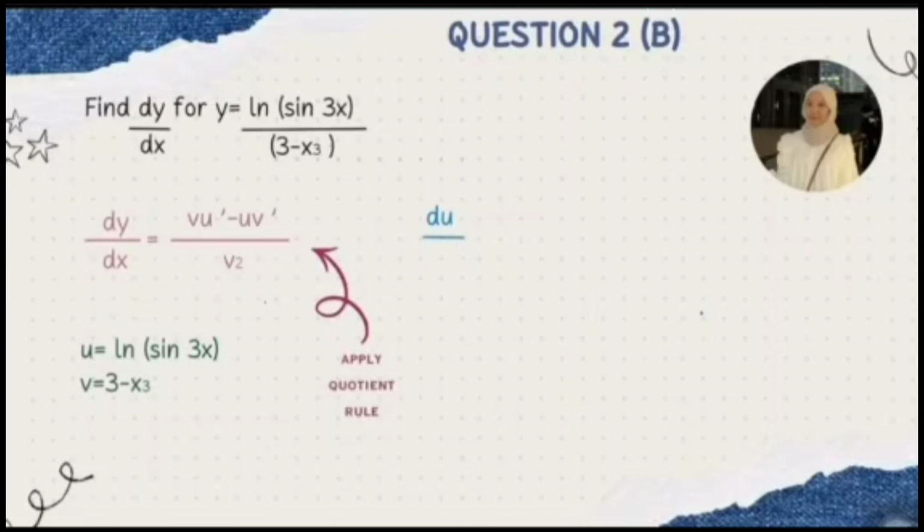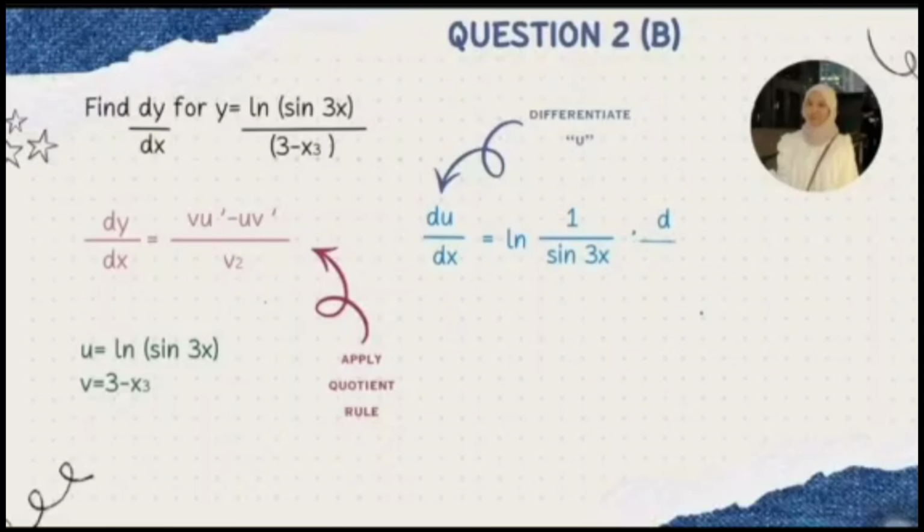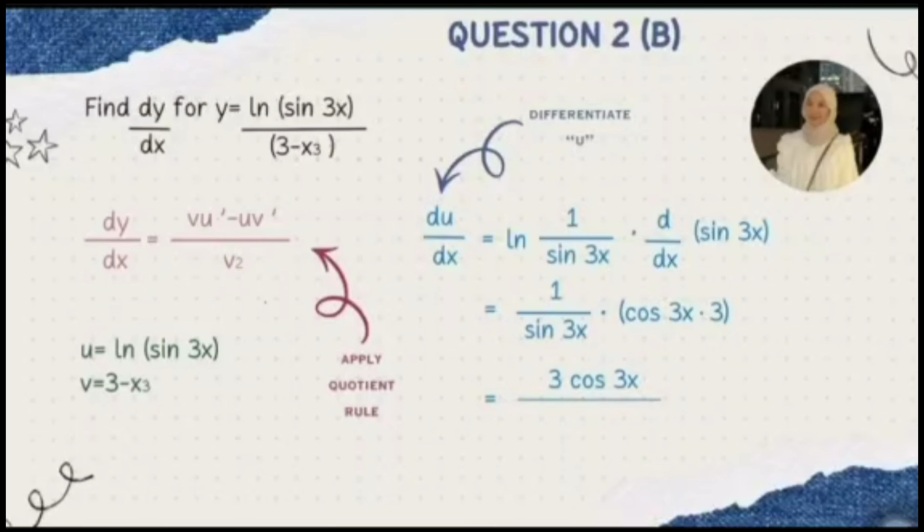First step, differentiate u. du over dx equals 1 over sine 3x times d over dx of sine 3x, equals 1 over sine 3x times cos 3x times 3, equals 3 cos 3x over sine 3x. Here, we are using properties of trigonometry. Therefore, cos over sine equals cot. Therefore, 3 cos 3x over sine 3x equals 3 cot 3x.